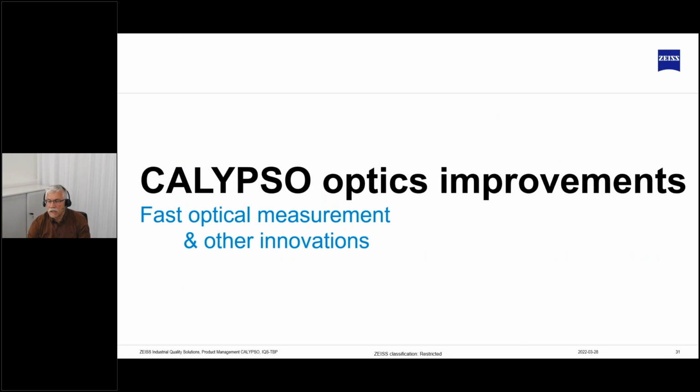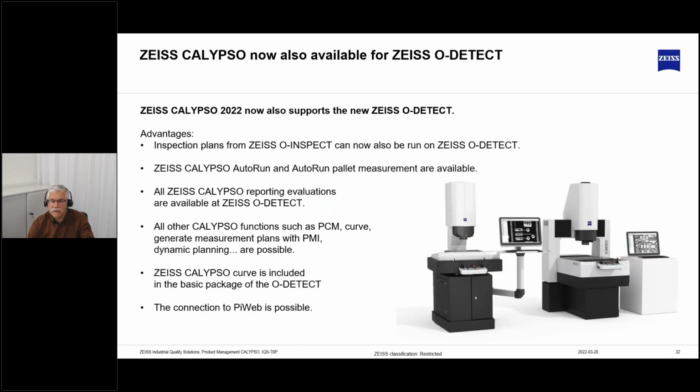CALYPSO optics: we have improved it in every CALYPSO version over the last years. Also in 2022, we will have new functions. First of all, CALYPSO will now support the ZEISS DETECT.